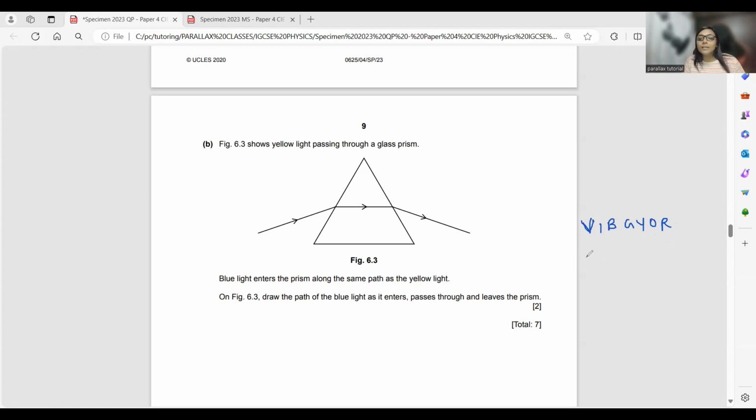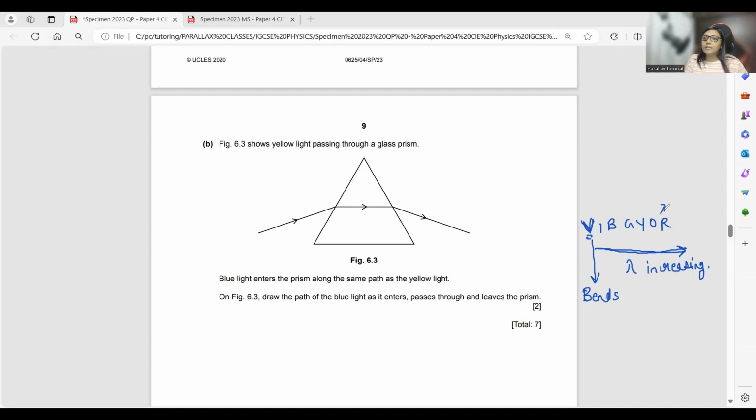Okay, order of what? See, from violet towards red, the wavelength is increasing. Okay, and the frequency of violet would be lowest as compared to red. But that's not the point here. Blue light or violet light scatters the most. That is, it bends the most when refracted.